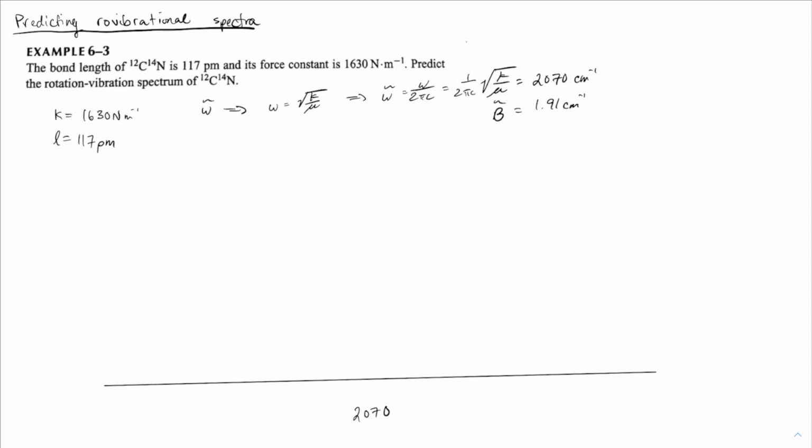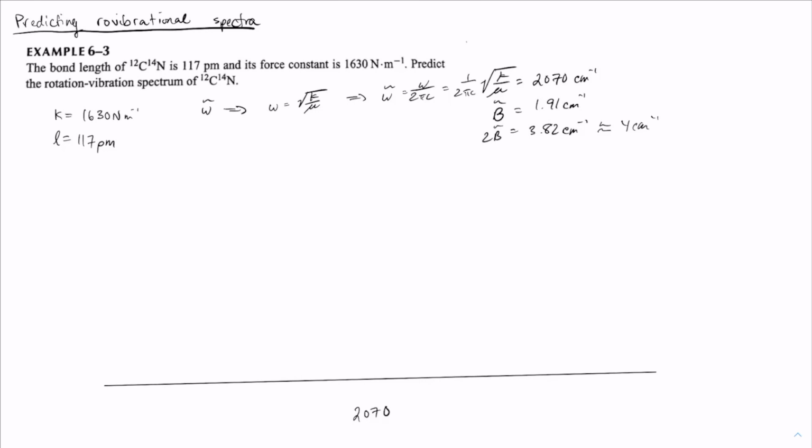Okay, but remember there's no transition exactly at omega. There's only transitions at omega plus and minus 2b tilde. Okay, so 2b tilde will be 3.82 inverse centimeters. And because I can't draw much more detailed than that, we're just going to call this 4 inverse centimeters for the purpose of this drawing.